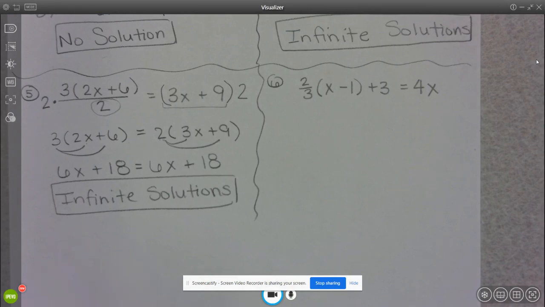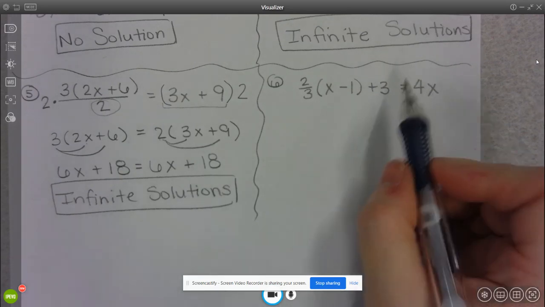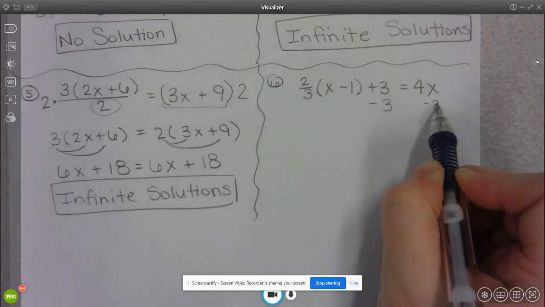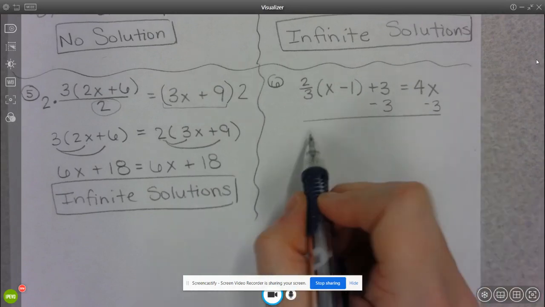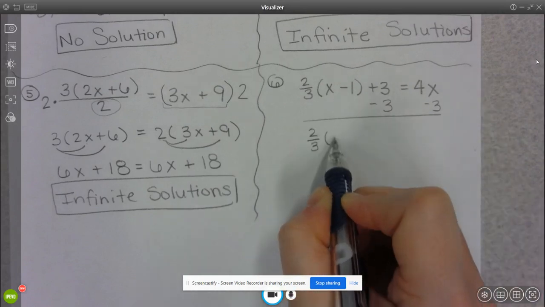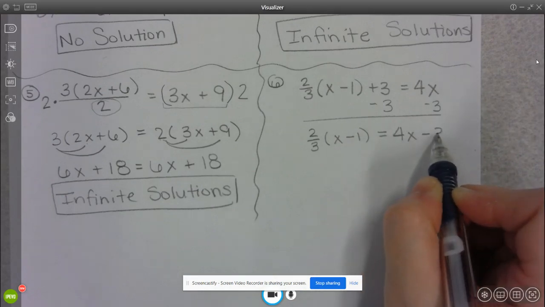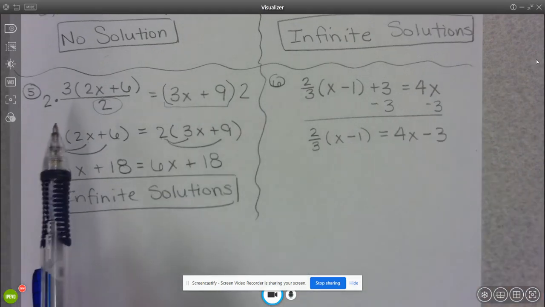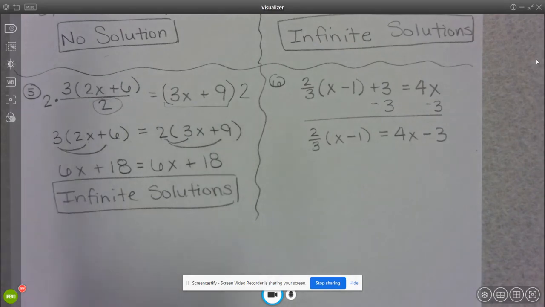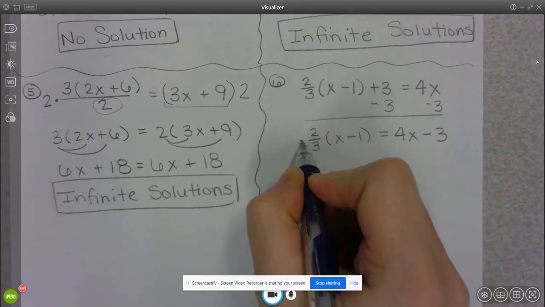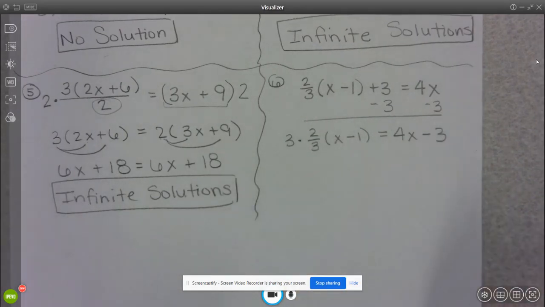Now, since ultimately I'm going to have to deal with a fraction, what I'm going to do is move the 3 to the other side. And now I'm back in a scenario like we were over here where I'm going to get rid of that denominator. So I'm going to multiply by 3 here.